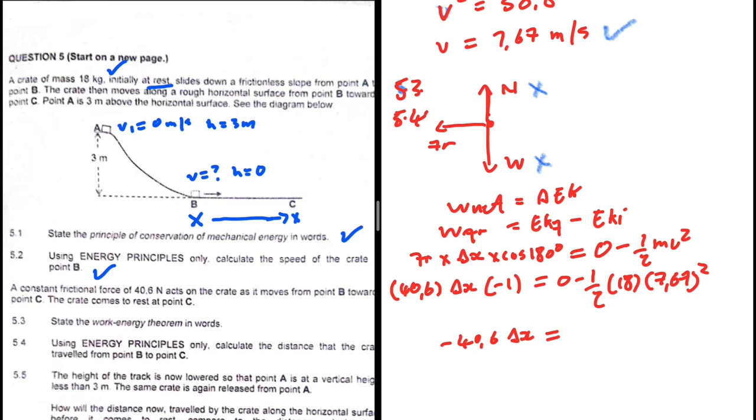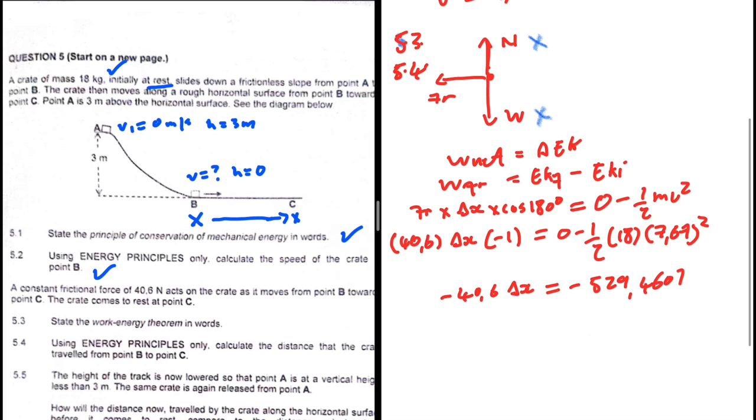Let me just put that in my calculator. I don't have to simplify anything. I'm getting minus 529.4601. So I'm going to divide both sides by minus 40.6.